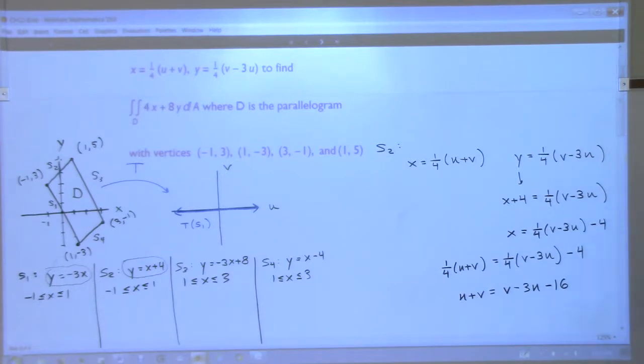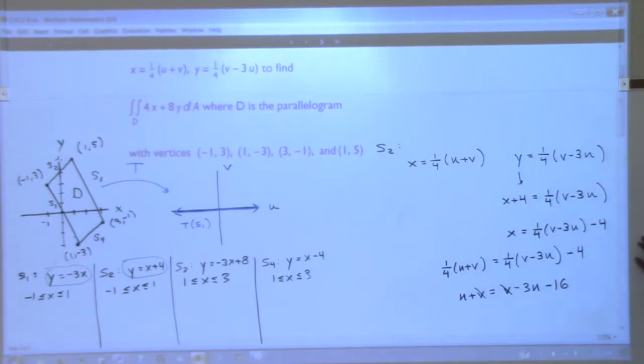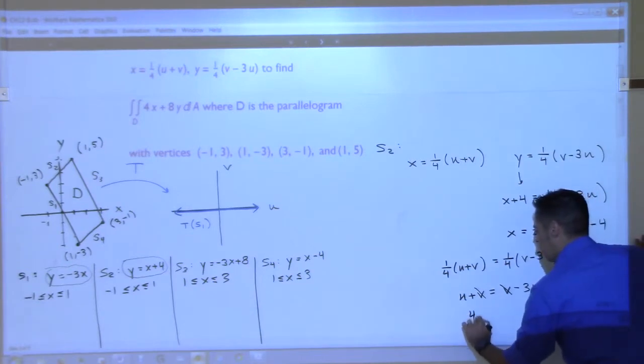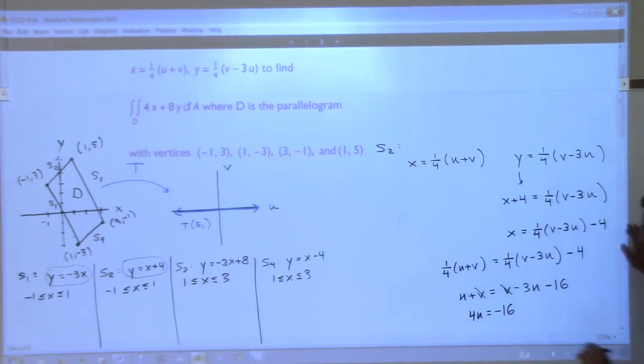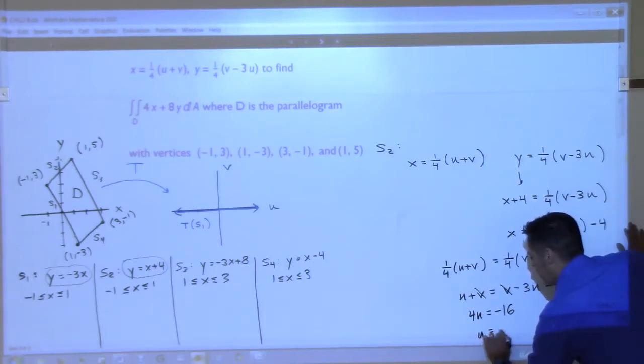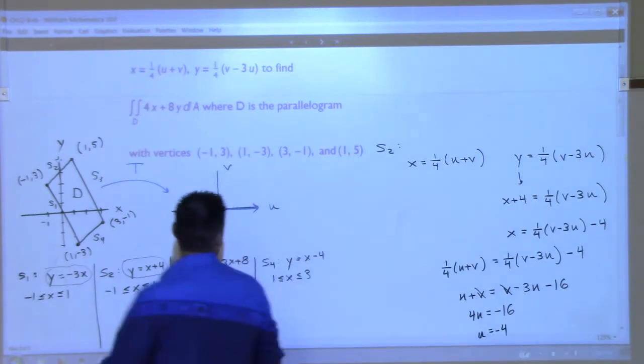And then something good happens again, right? The v's this time cancel, right? And then let's move this over to the other side, and we get 4u equals negative 16, which means u is negative 4. And what does that look like over here? U is negative 4.